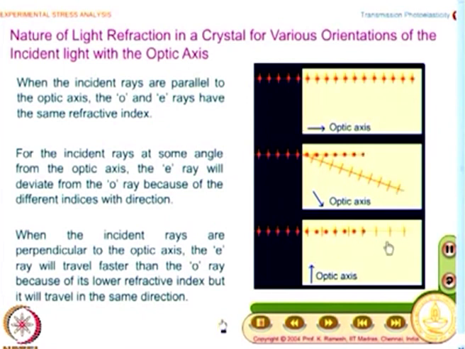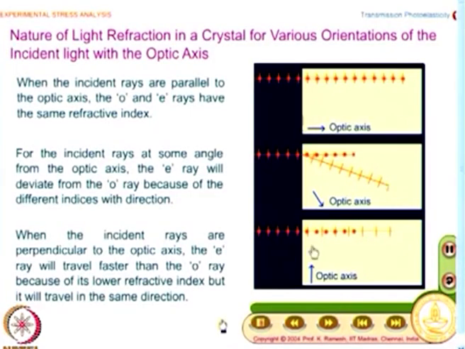But within the crystal, what will they do? They will acquire a phase retardation because they have different refractive indices, and we have all emphasized that in photoelasticity we look at different refractive indices more from the point of view of velocity of propagation, and here you have the magic.